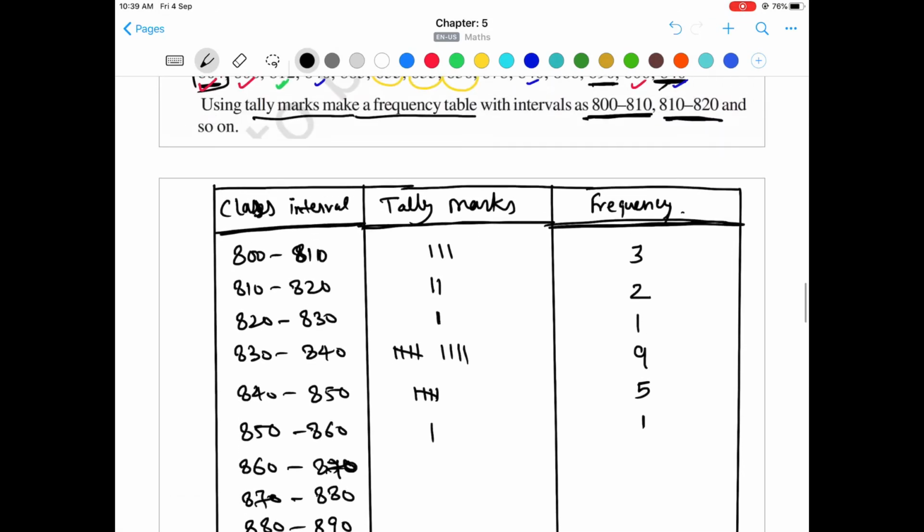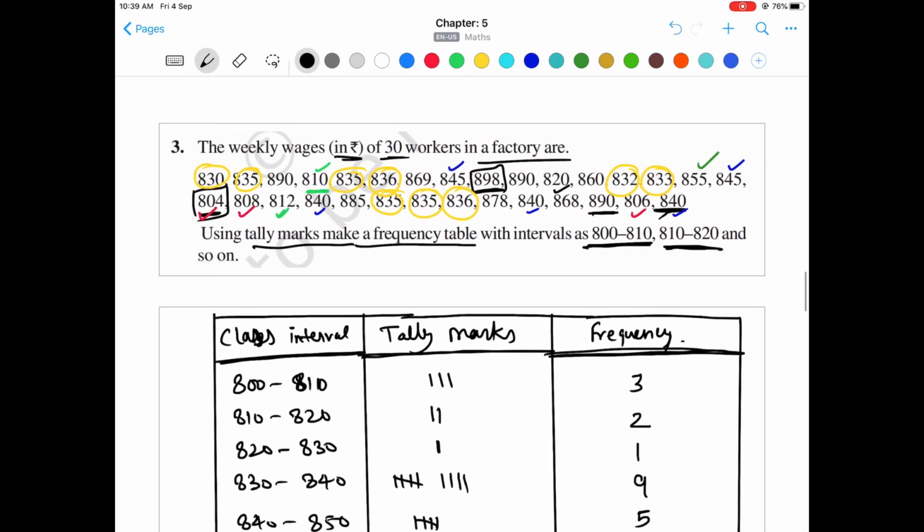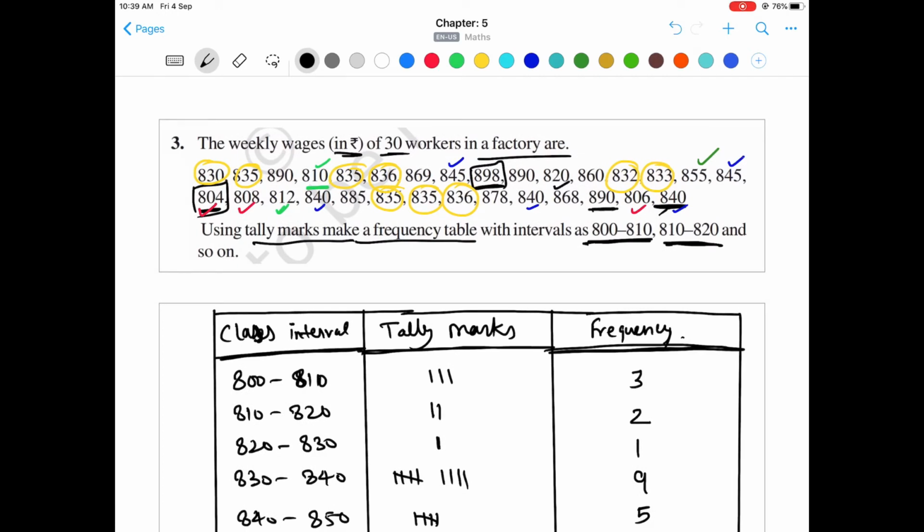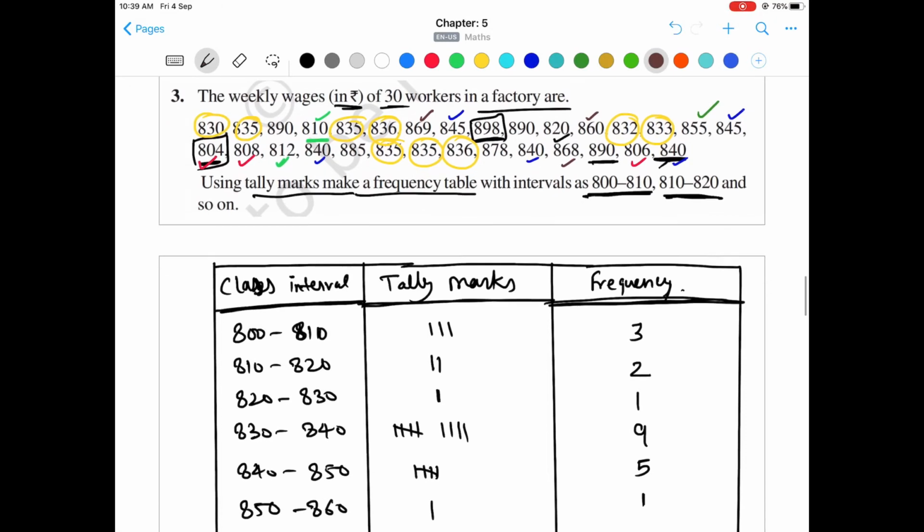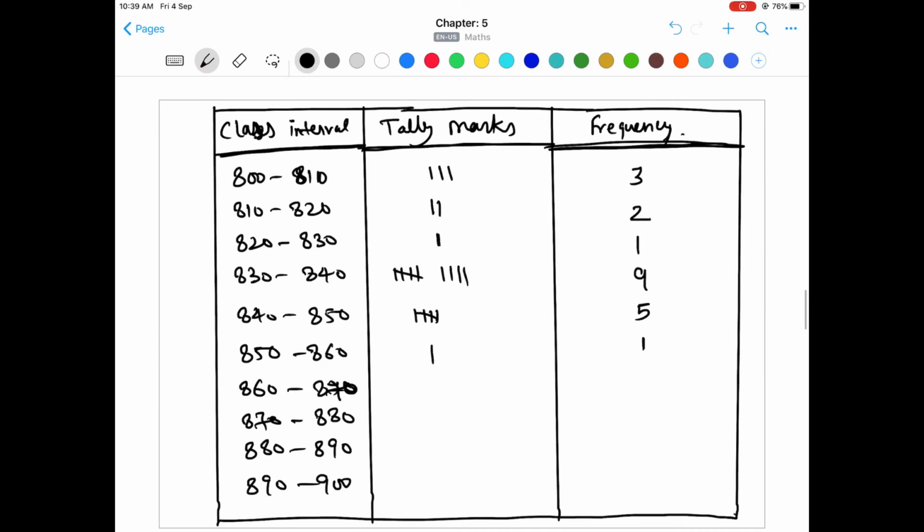from 860 to 870. Let's count. 1, 2, 3. Okay, that number here is 3. 1, 2, 3.